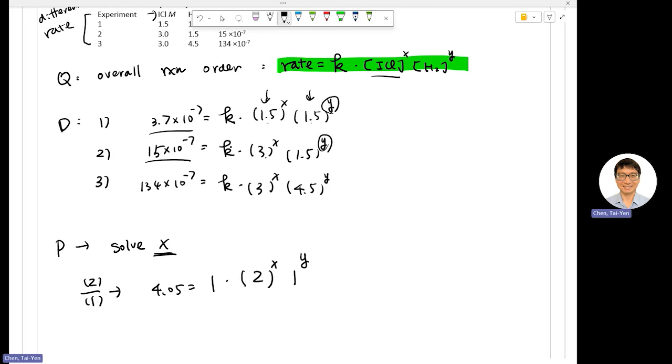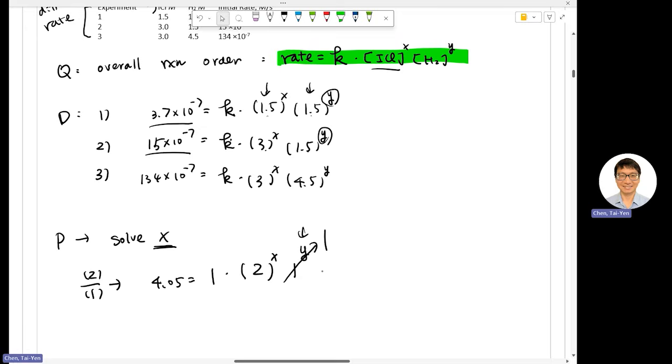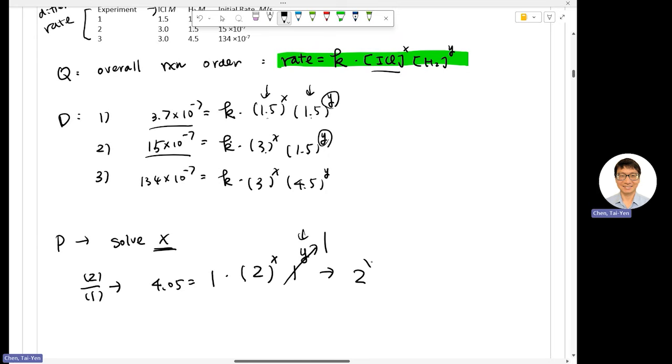Since the base of this term is 1, the whole thing gives you a value of 1. Therefore, the equation becomes 2 to the X power equals 4.05. Therefore, you know that X will equal 2.